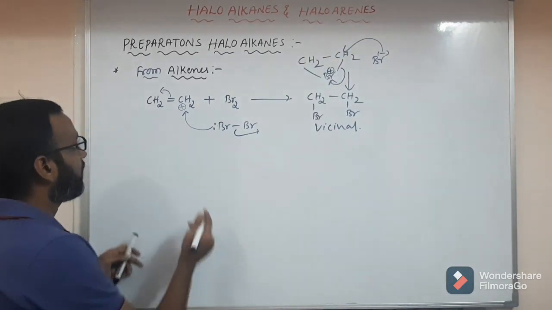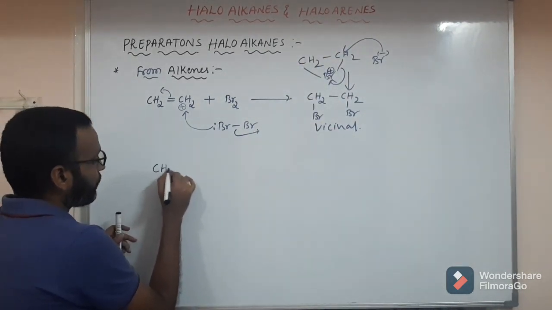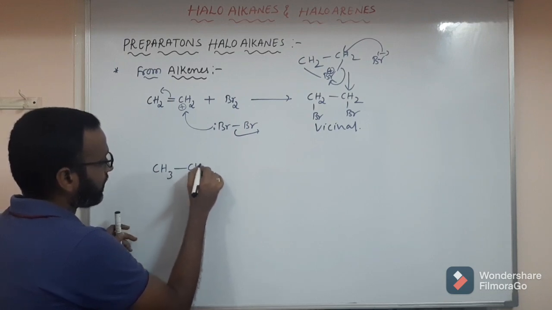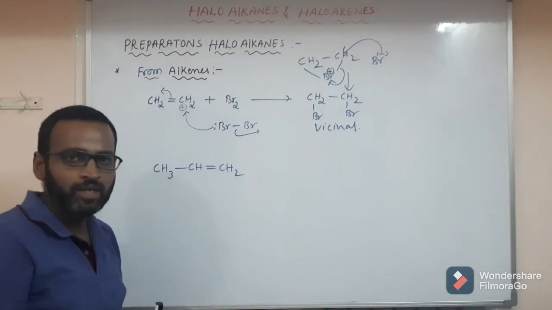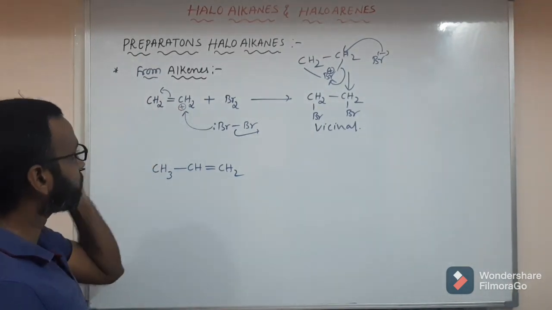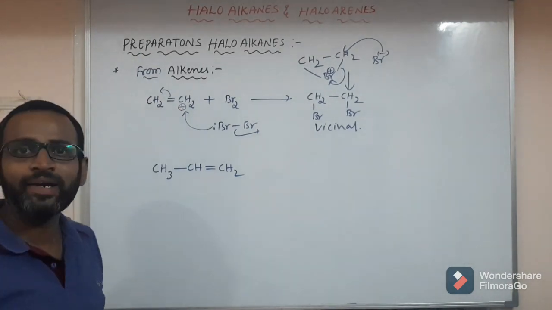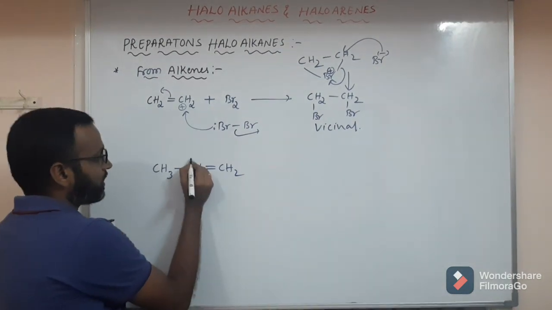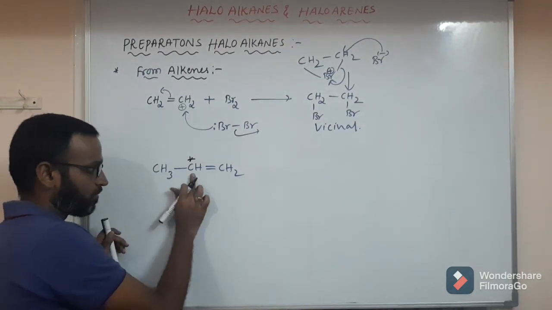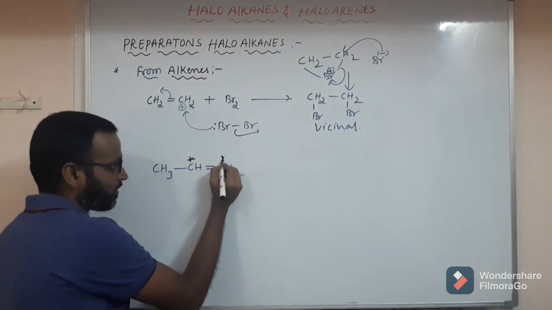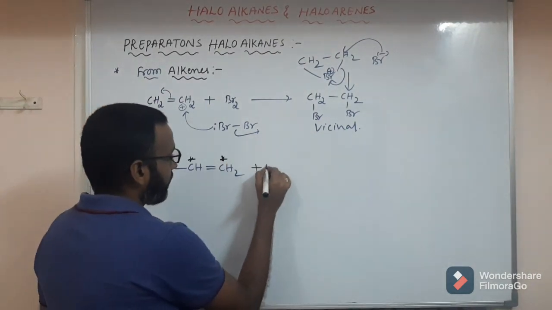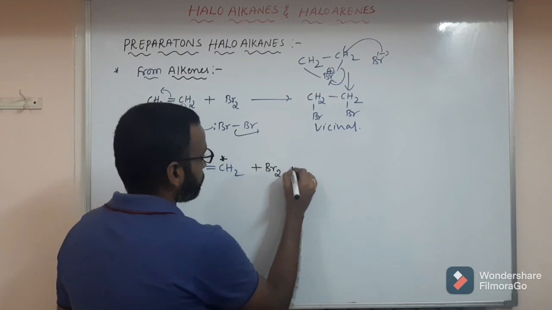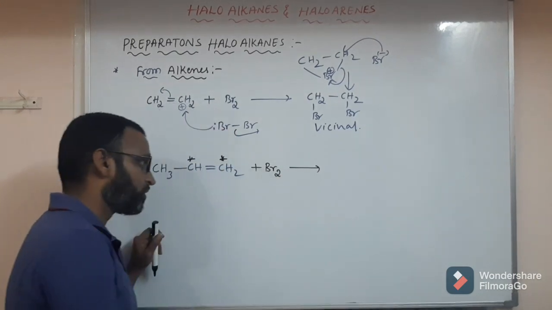So this is addition. But if you have different carbons, like this is a symmetrical alkene, because both carbons have the same number of hydrogens. So here if you see, this double bonded carbon is different, and this double bonded carbon is different. Now if I am adding Br2, no problem.